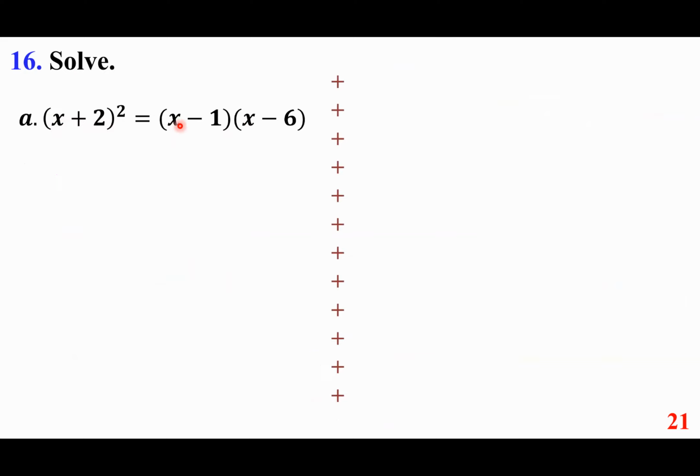This one, you do the foiling: x squared minus 6x minus x plus 6. This one is minus 6x, this one is minus x, so they add up to minus 7x. I hope nobody has any problem with foiling or squaring things, and we can handle this easily.